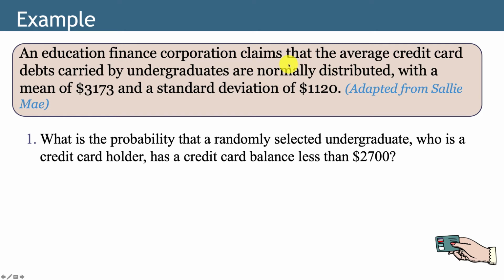So this is normal. I want to find some probabilities. Notice in the question too, what is the probability that a single one, a randomly selected undergraduate, a single one. So when I'm doing this, I need to think this exists on a distribution of single individual values. So that's just the original distribution.